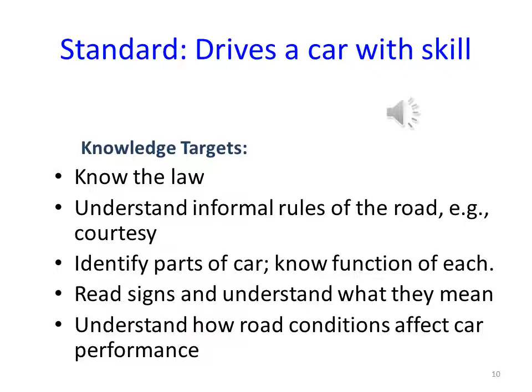The knowledge targets could be that I need to know the law, understand informal rules of the road, for example, courtesy, identify parts of a car, know the function of each of them, read signs, understand what they mean, understand how road conditions affect the car's performance. These are all knowledge targets that are part of someone's ability to demonstrate that they can drive a car with skill.